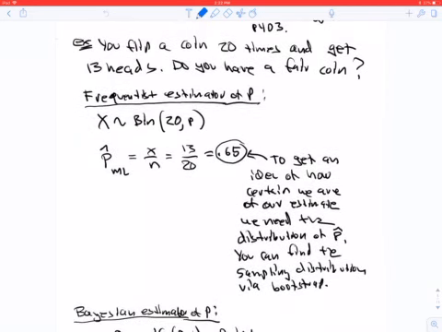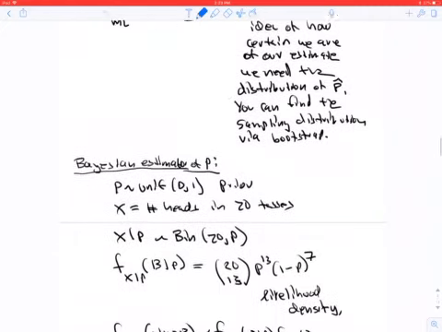Example. Let's say that you flip a coin 20 times and you get 13 heads. What can you say about the probability of having heads? In the frequentist approach, we find an MLE and we get 0.65.